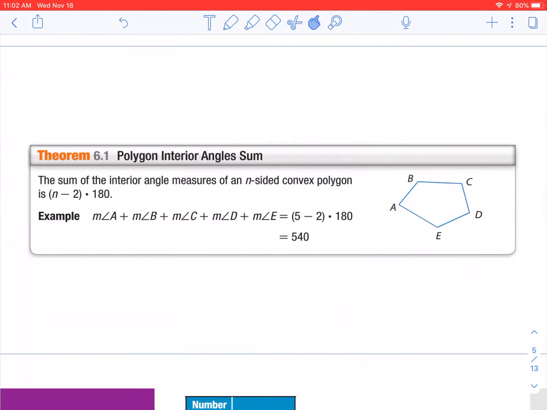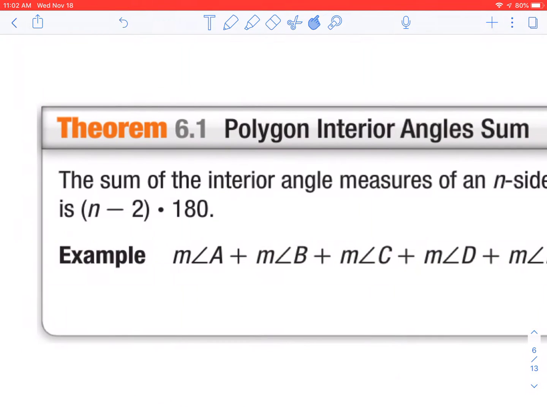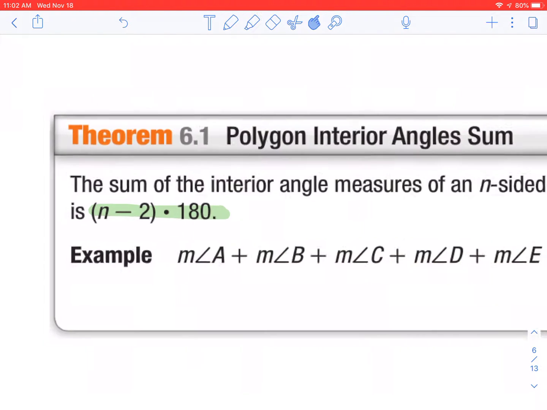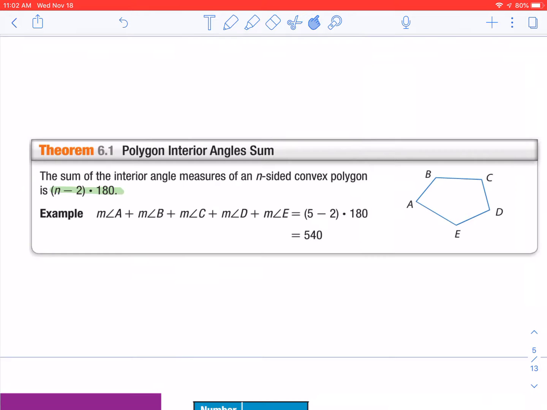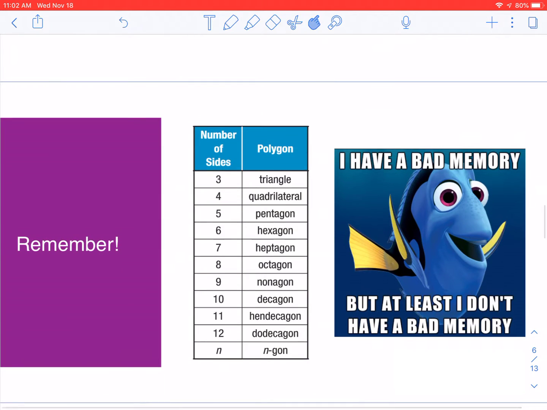That's our formula right here. I will zoom in and highlight it so you can see it. That is our formula right there. And so, for example, with this polygon with 5 sides, you can see the angles will all add up to 540. Okay.